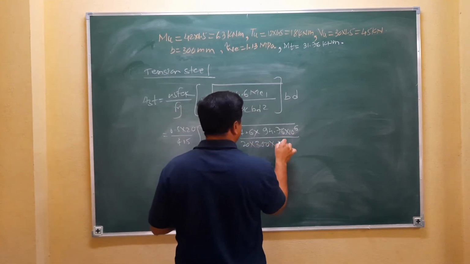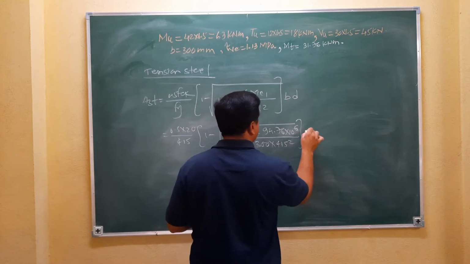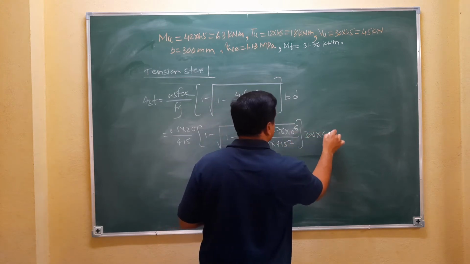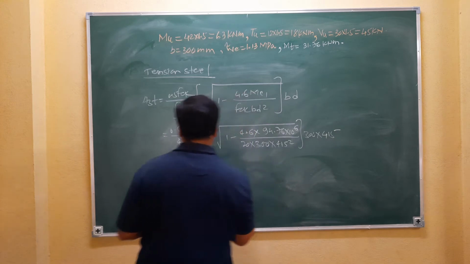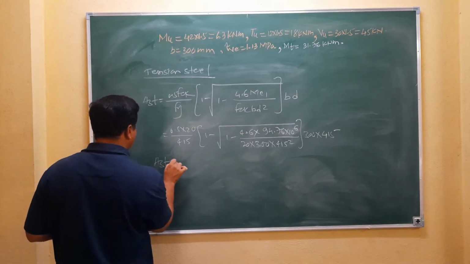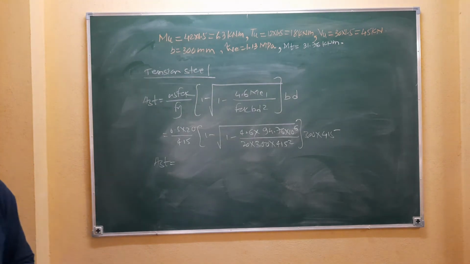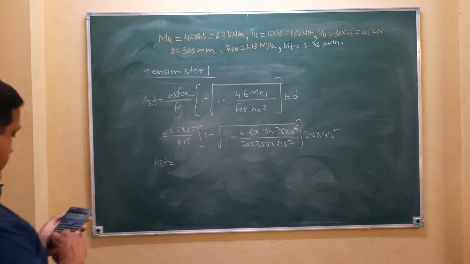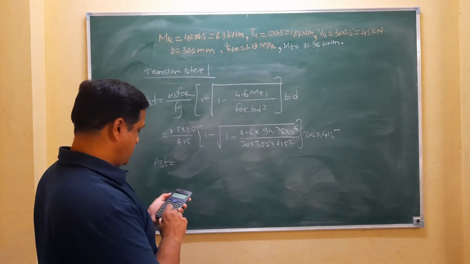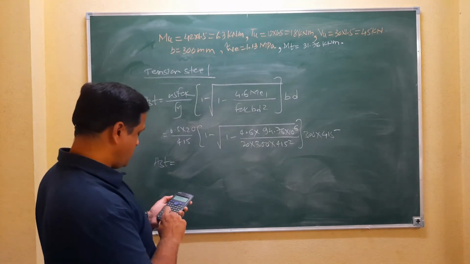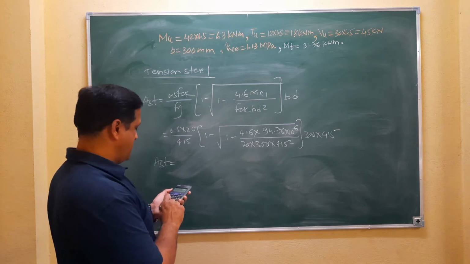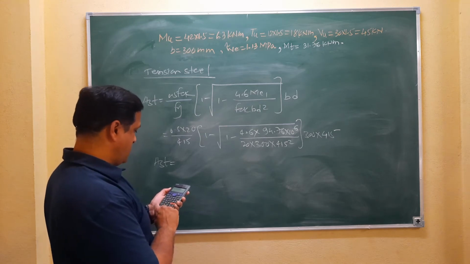Width is 300. Depth is 415 square. 300 into 415. Okay. So that calculate the steel. 94.76 into 4.6 divided by 20.